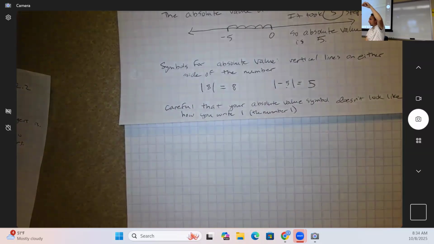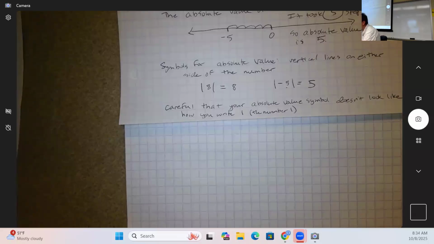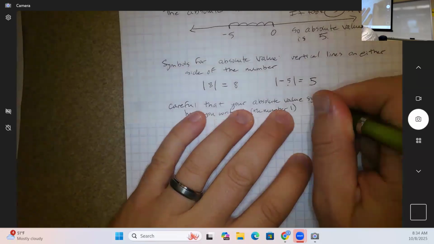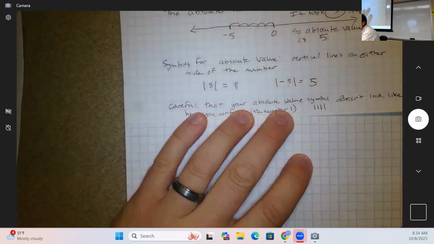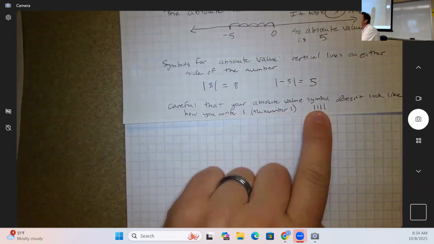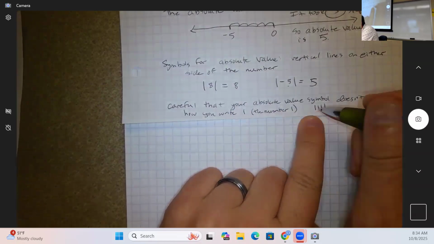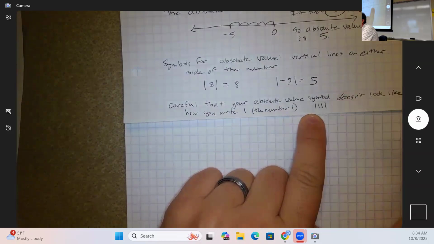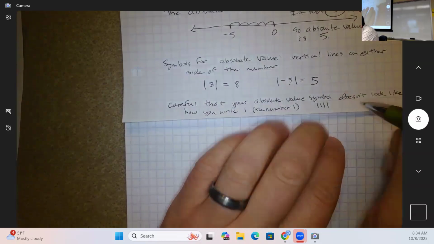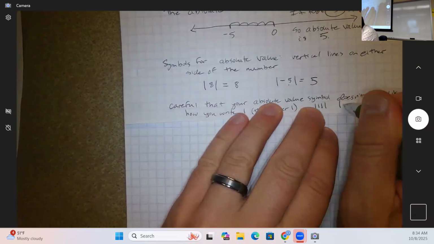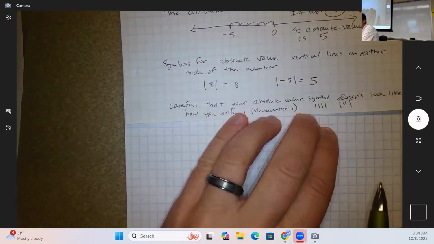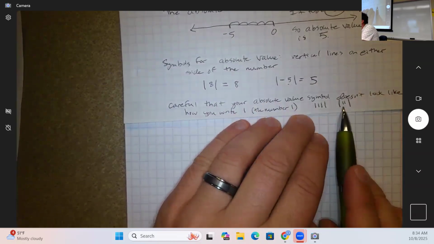Make sure that they're both taller and shorter than whatever, or above and below whatever is in there. What's the absolute value of 11? It can be a disaster. Some of you may do your ones with the little flag at the top or the little thing at the base, and that helps. So don't do that. Do absolute value of 11. And even that's really confusing.